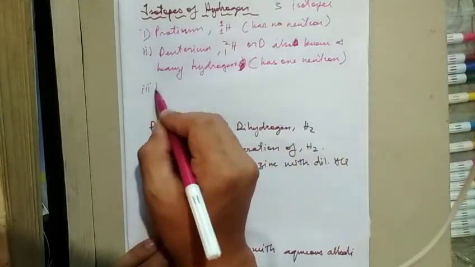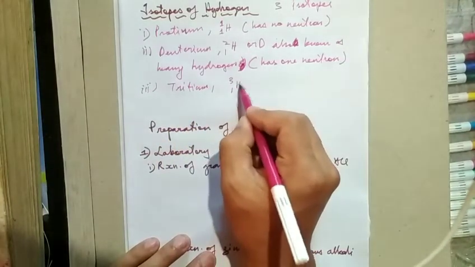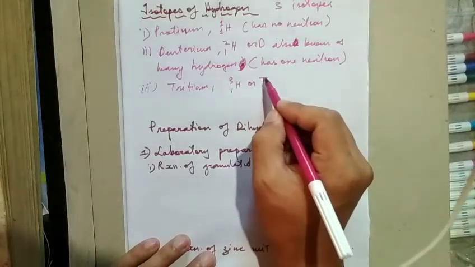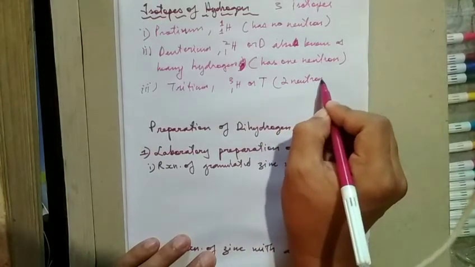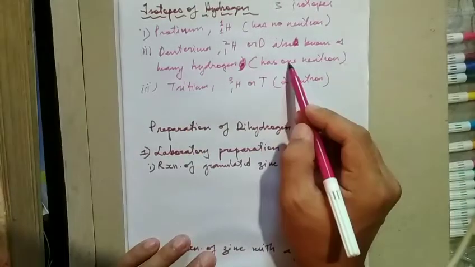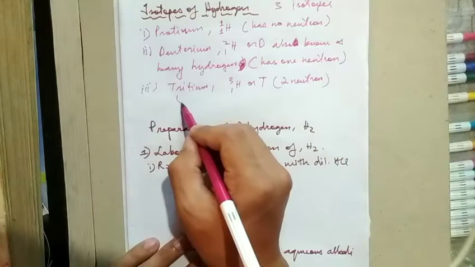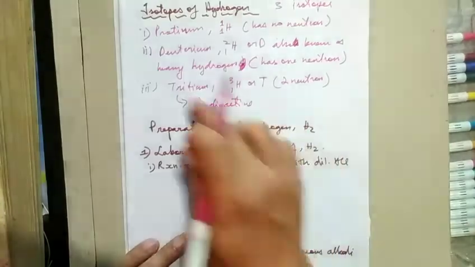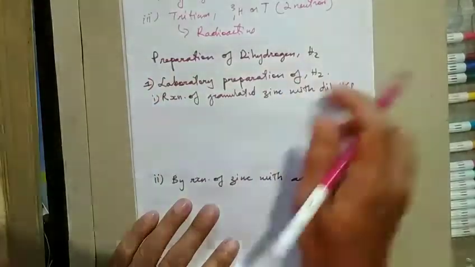The third one is tritium, 3 by 1, written as T. So it has 2 neutrons. So deuterium has 1 neutron in the nucleus, tritium has 2 neutrons in the nucleus. And the third one is radioactive. The tritium is a radioactive element.